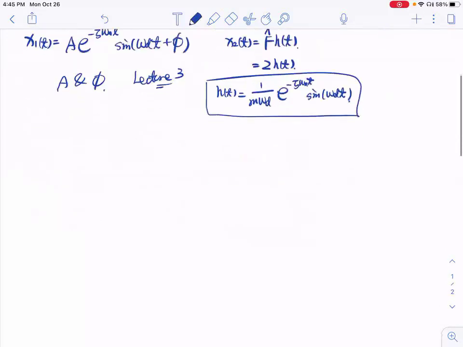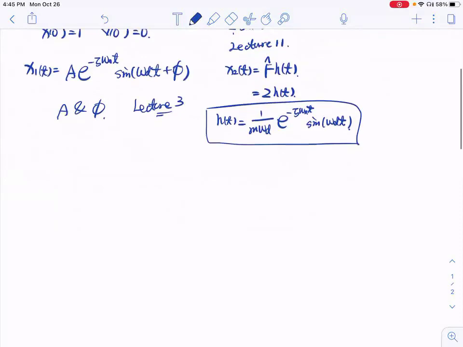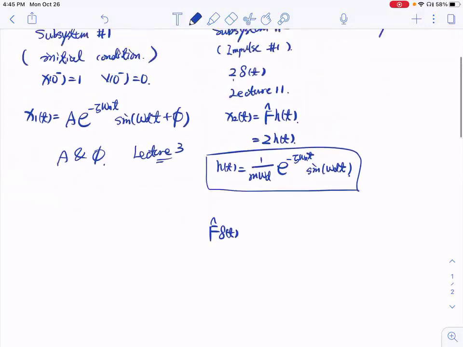When we talk about impulse excitation, let's say we have an impulse F delta t. How we solve this system is we convert it to initial conditions. According to the impulse-momentum theorem, F times delta t equals m times delta v, so we can convert this impulse to an initial velocity.